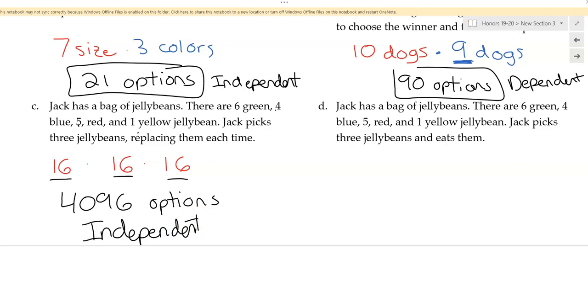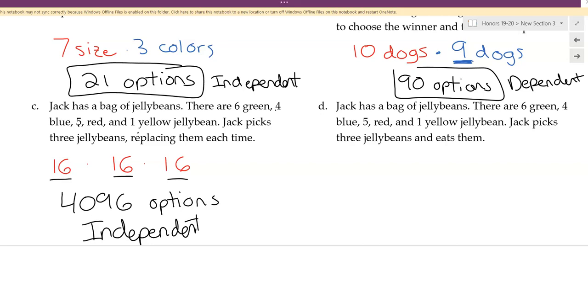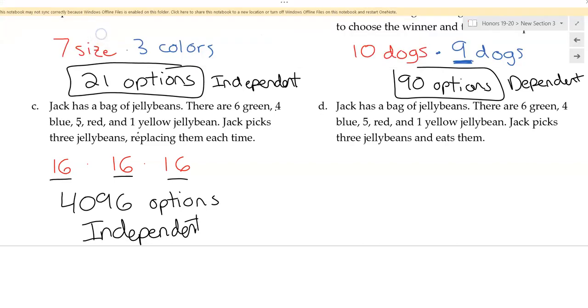Jack has a bag of jelly beans. There are 6 green, 4 blue, 5 red, and 1 yellow bean. Jack picks 3 jelly beans and then eats them. So when he chooses his first jelly bean, he eats it. And then he chooses his second one and he eats it. And then he chooses his third one. So after every time, there's 1 less jelly bean.